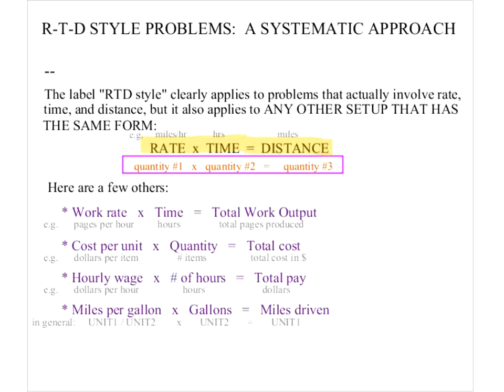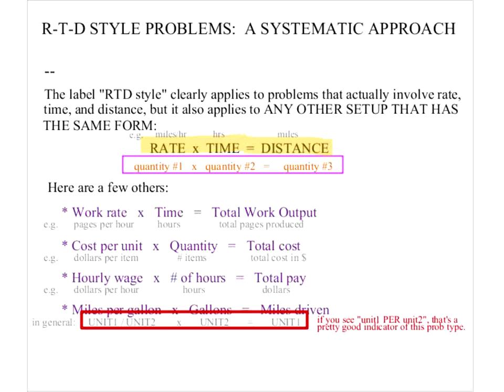In general, here's a big hint: if you see anything that's unit 1 per unit 2, you can usually use this kind of approach. That's a pretty good indicator of this problem type.